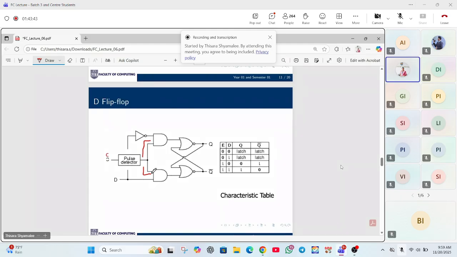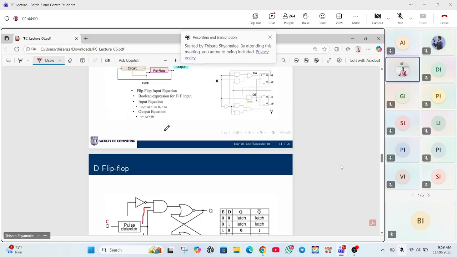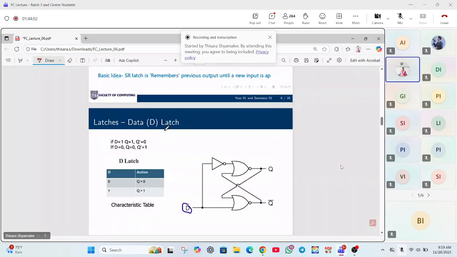So earlier we have seen when D equals 0, then Q equals 0. Earlier, that means when moving to this D latch, D equals 0, then Q equals 0, then D equals 1, then Q equals 1.